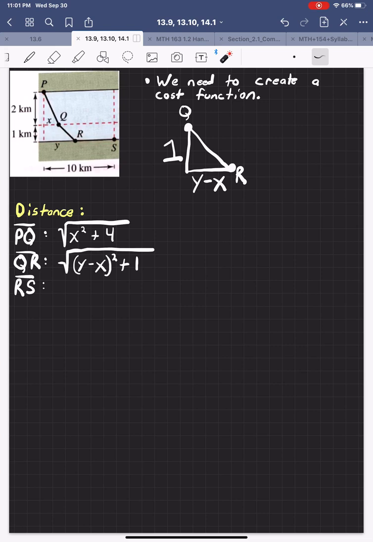The most it could be is 10, but it's going to be 10 minus something. It's going to be 10 minus however long a distance y is. So 10 minus y will give us the rest of the distance that we need to travel.